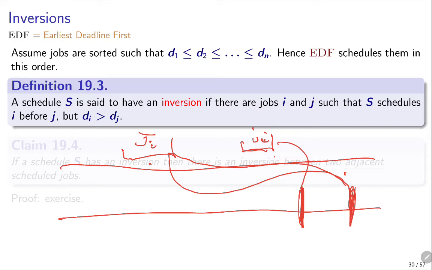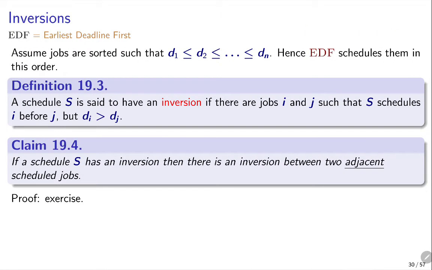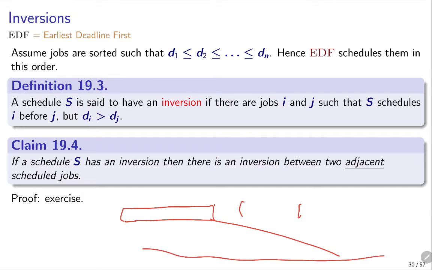now, of course, this is harder to see, so we're going to think about the case that they have two consecutive jobs that are inverted. But that's immediate, this is easy to see that indeed if there are two jobs that are inverted, and you draw it the way I draw it, right?